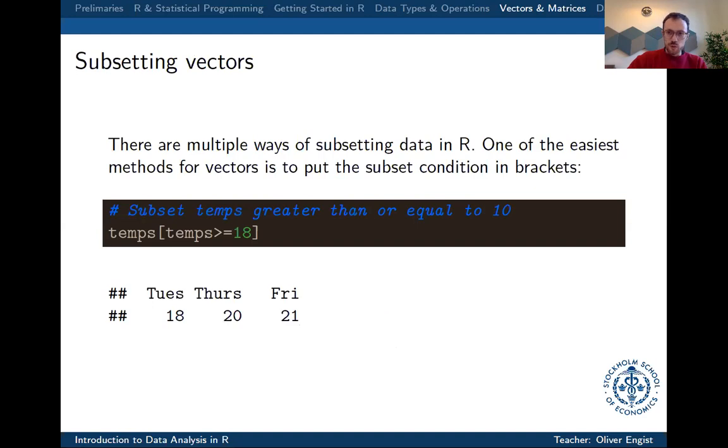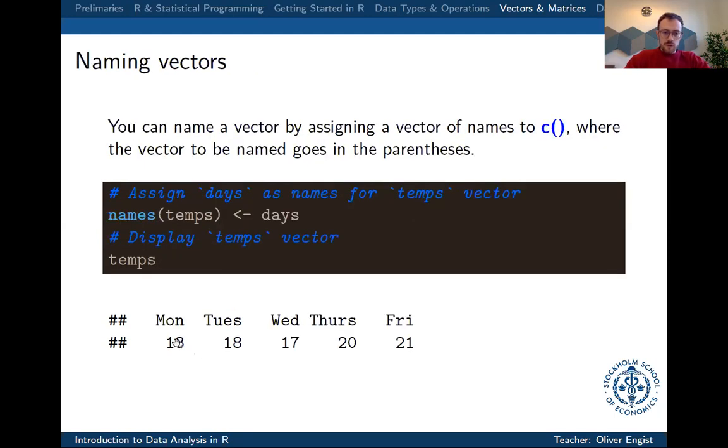Something that is very important is the concept of using logical operators to subset vectors or data matrices in general. Here, for example, we have these 5 values, and we just want all the days where the temperature was more or equal to 18. Obviously, Monday will not be selected.